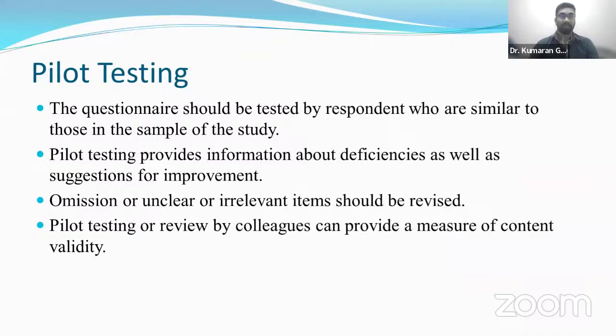Okay, so as I told you, the pilot test, which is the previous one, the Cronbach's alpha and so on. The questionnaire should be tested by respondents who are similar. That means, okay, you want to test your Standard 4 students in that school.